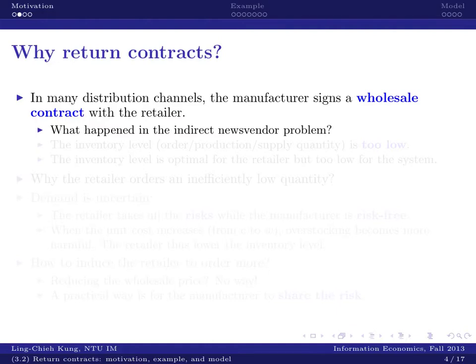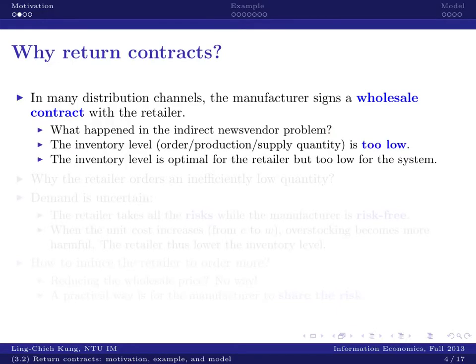Okay, this is the case that you have observed in the newsvendor problem with a wholesale price, and we know there is something wrong there. What's wrong is that the inventory level, or order quantity, supply quantity, production quantity, is too low. The retailer will not order the optimal quantity for the system.